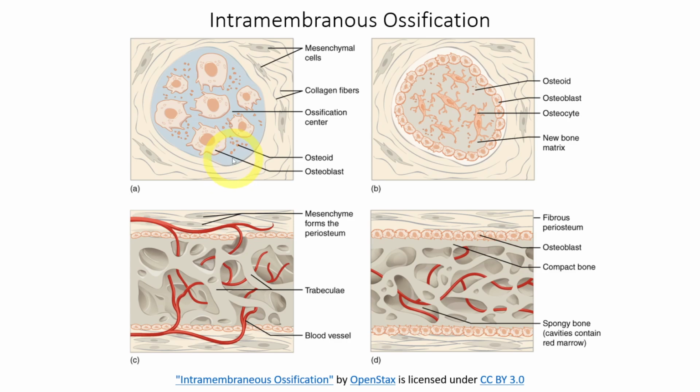The osteoids will start coming together, and this whole bubble that they're all together in inside of the cartilage is called the ossification center. And there's collagen fibers all around it and special cells in the cartilage called mesenchymal cells. We may see these again later. And if not, you'll see them again for physiology.